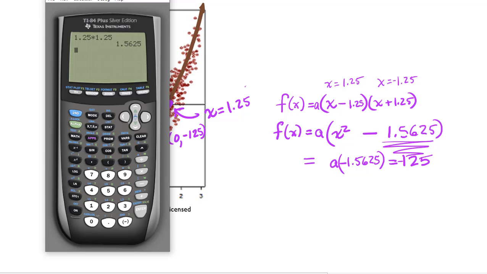So let's see what that would do. Well, we need to divide both sides by negative 1.5625. So I have negative 125 divided by negative 1.5625.